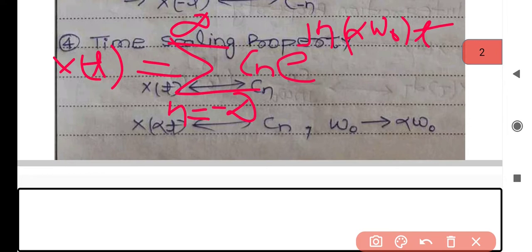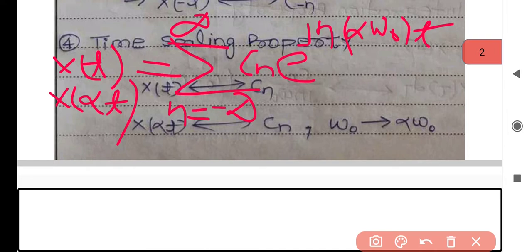It means that if the signal is scaled by a factor alpha, giving x of alpha t, Cn will remain the same, but omega naught will be replaced by alpha times omega naught. This property is called time scaling property of the Fourier series.